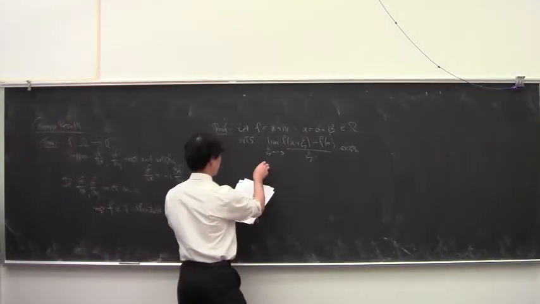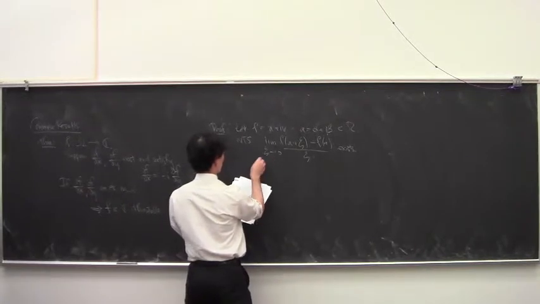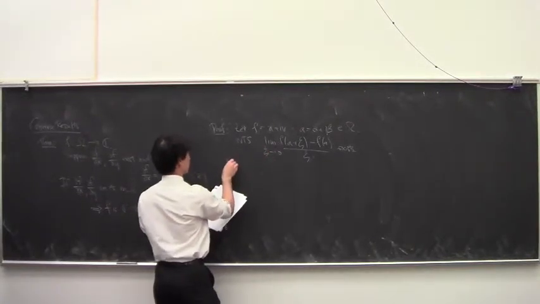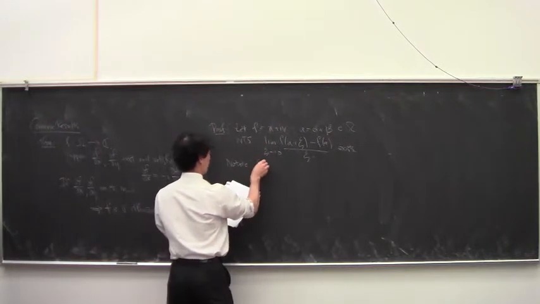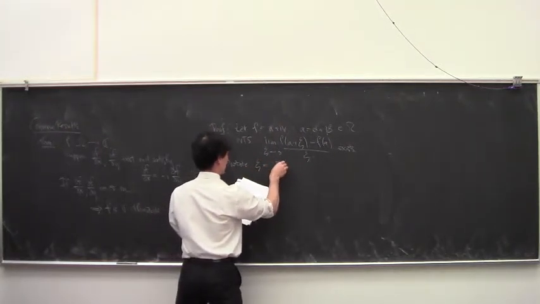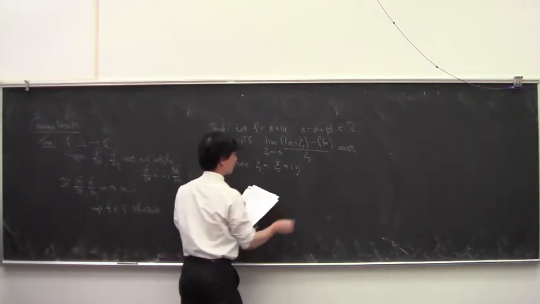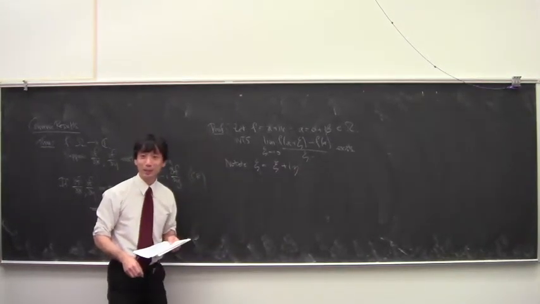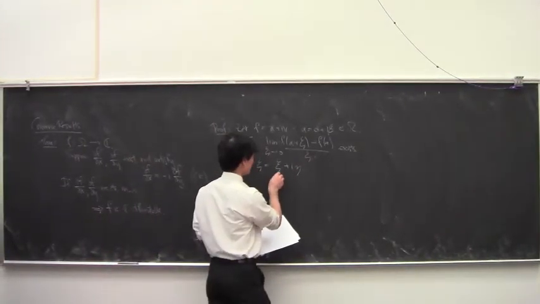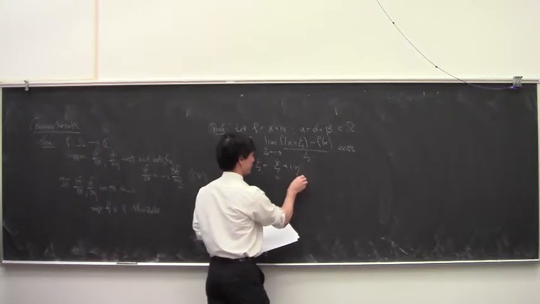Let's notate: let zeta be written as xi plus i eta. This is xi. This is eta.